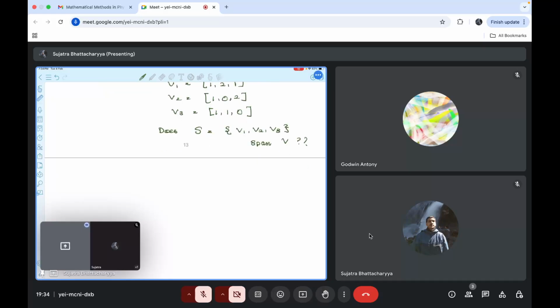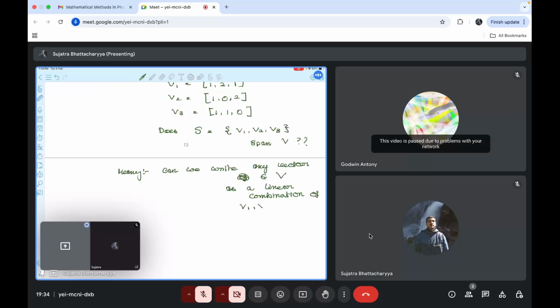What is the meaning of that? So the meaning is: can we write any vector belonging to vector space V as a linear combination of these vectors v1, v2, and v3?